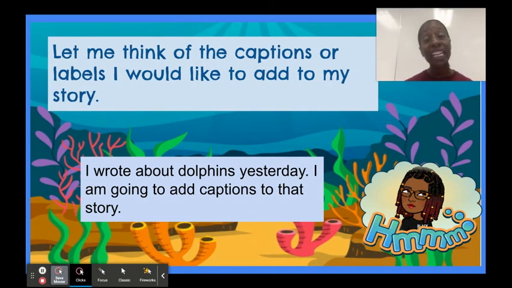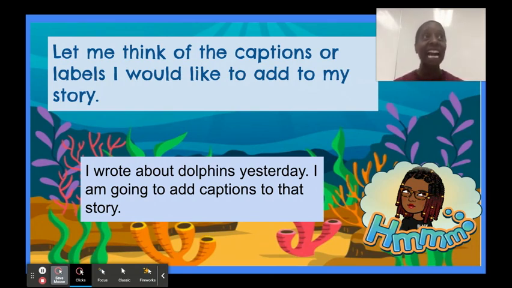So I'm going to do a think aloud. Let me think of the captions or labels I would like to add to my story. I wrote about dolphins yesterday. I'm going to add captions to my story. So now I wrote about dolphins and now I want to get specific.